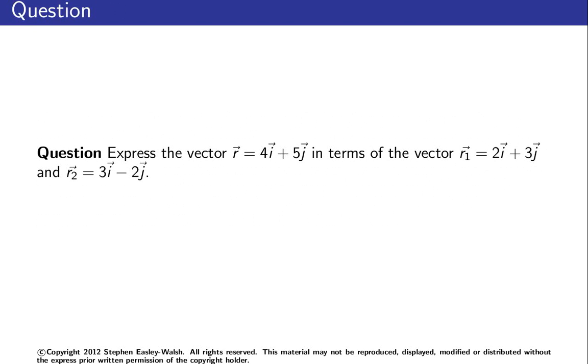Let's have a look at an example here to really illustrate what I'm trying to say. Express the vector r equals 4i plus 5j in terms of the vector r1 equals 2i plus 3j and r2 equals 3i minus 2j. So in other words, we don't want to write r in terms of i and j, we want to write it in terms of r1 and r2.